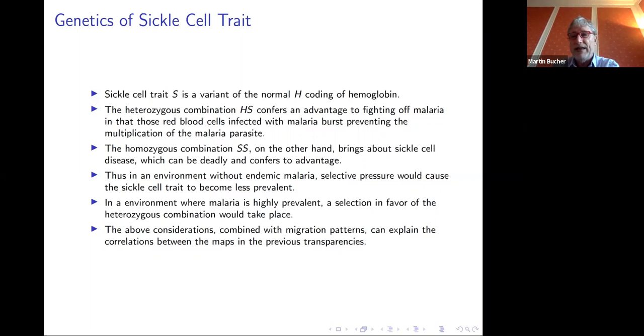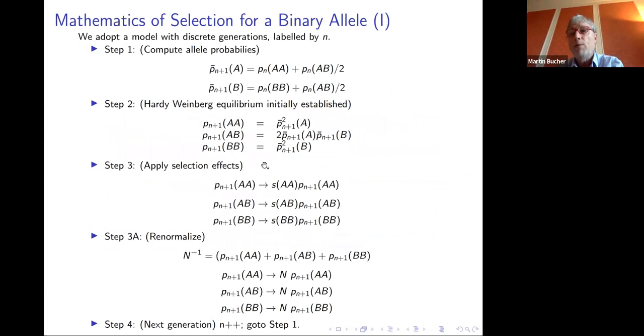So this is sort of an optimization condition where you want to have both alleles in a population, and not one is better than the other. So let's see, this is sort of the explanation with words.